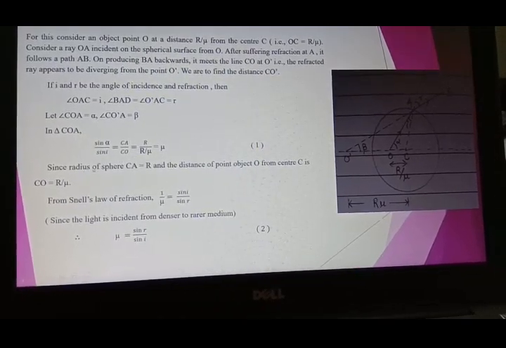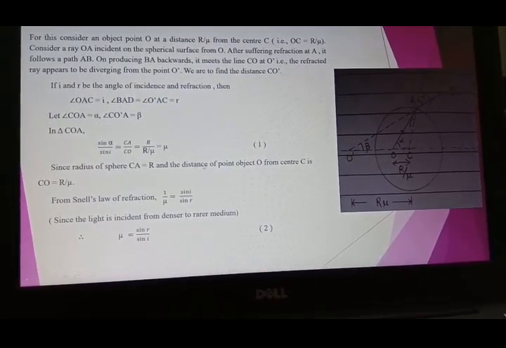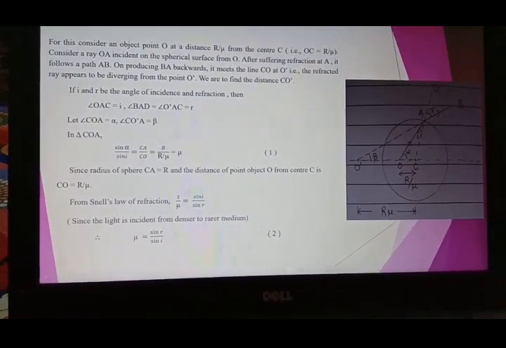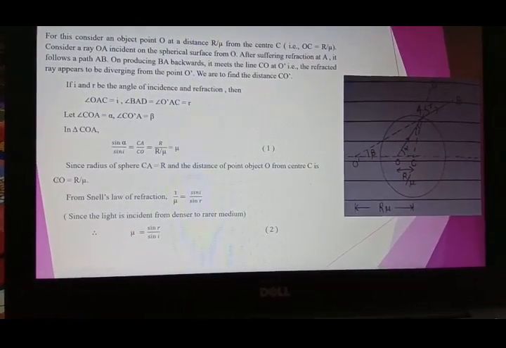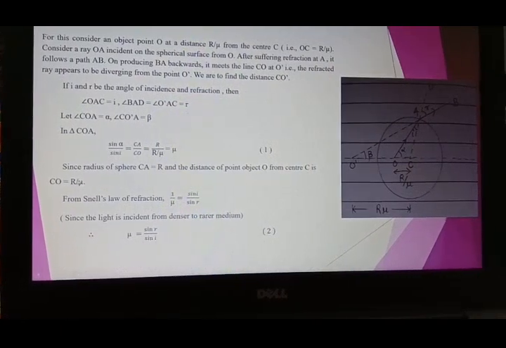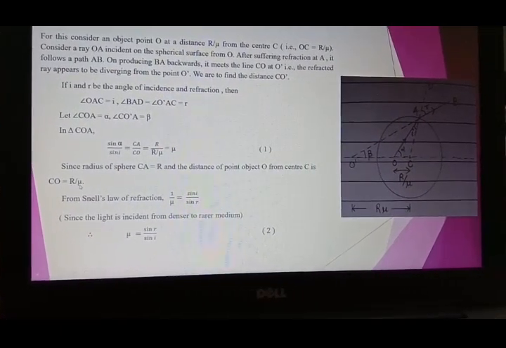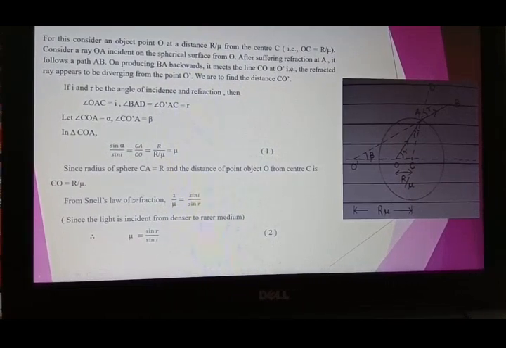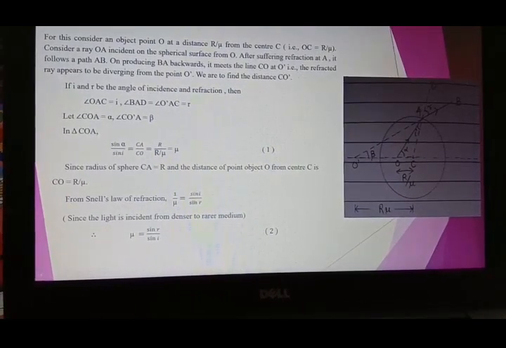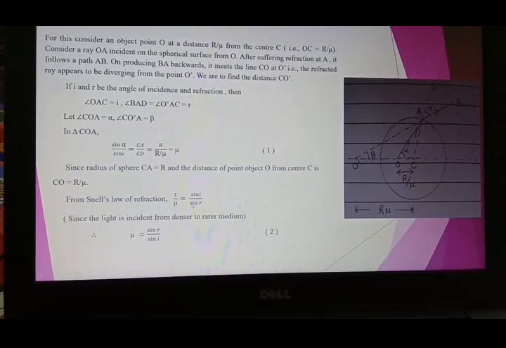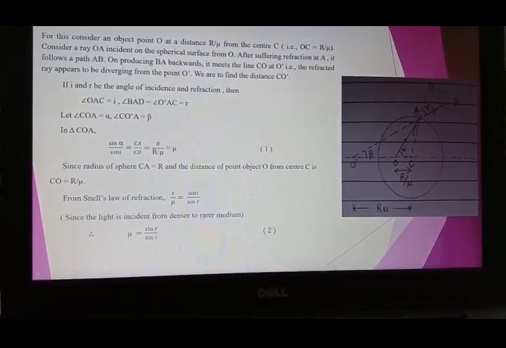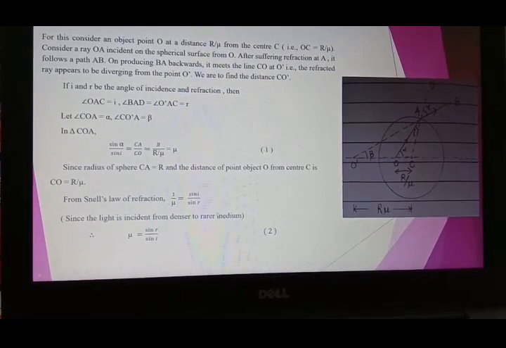Since the radius of the sphere CA is equal to r and the distance of the point object from the center C, CO, is equal to r upon mu. Now from Snell's law we can write 1 upon mu is equal to sin i upon sin r, since the light is incident from denser to rarer medium.